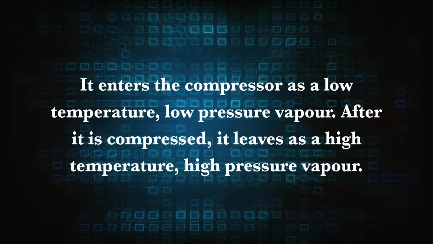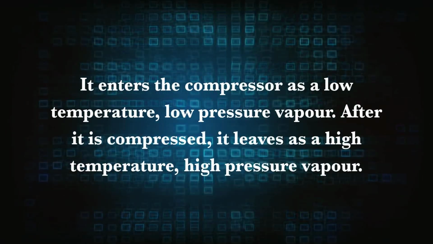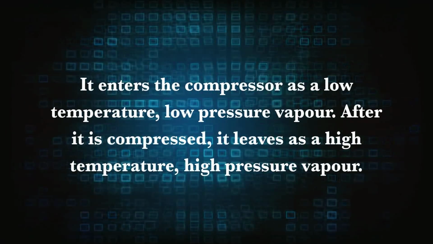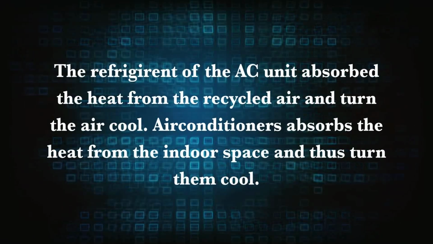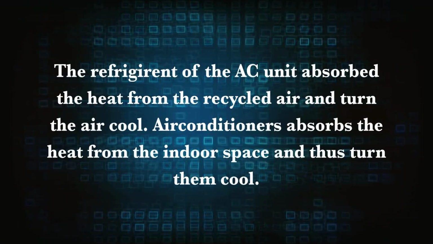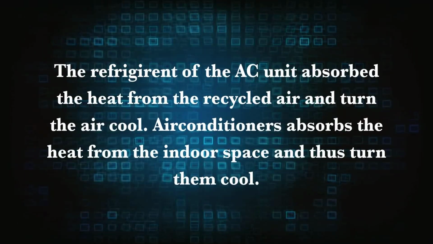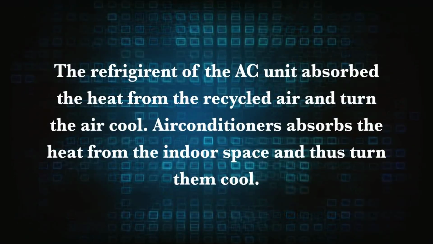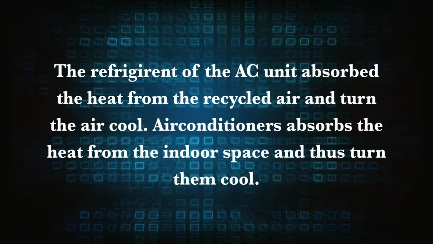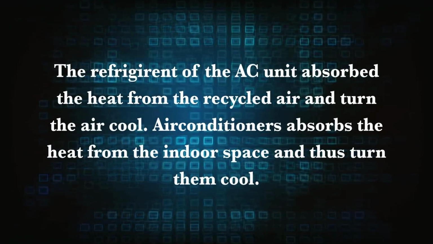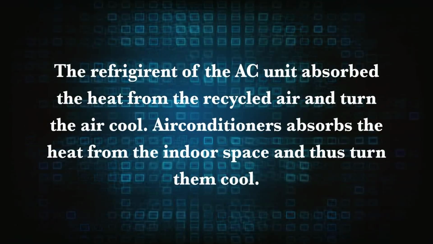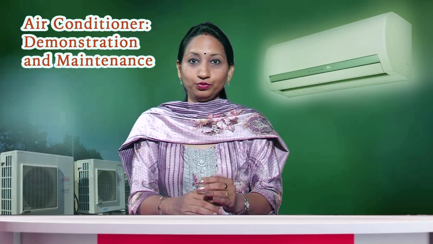After it is compressed, it leaves as high temperature and high pressure vapor. The refrigerant of the AC unit absorbs the heat from the recycled air and turns the air cool. The heat collected indoors is released outside after compressing. The fan inside the unit helps in this process.